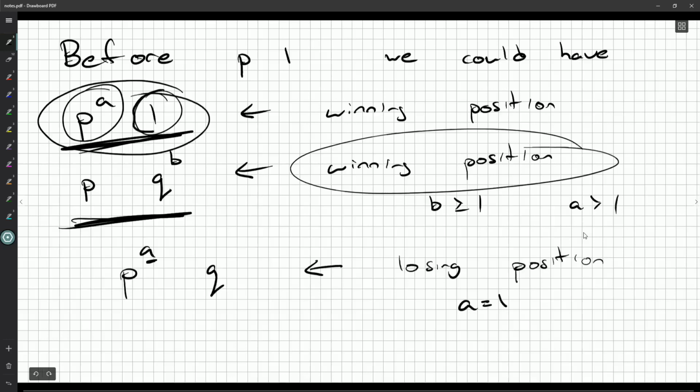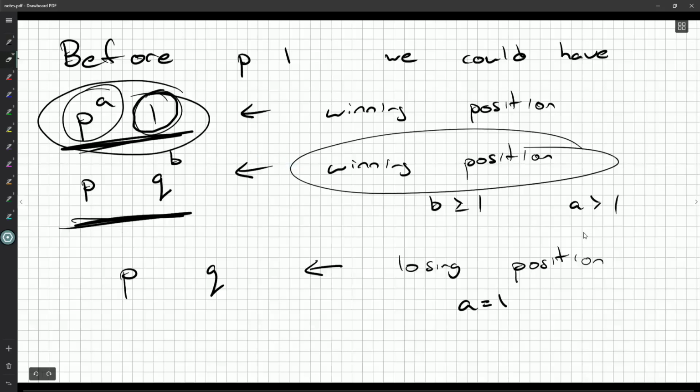So I want them to hand me something with 1 and a non-zero power of a prime. Well, actually, it's got to strictly be a power of a prime, not just a prime itself. Actually, wait a minute.